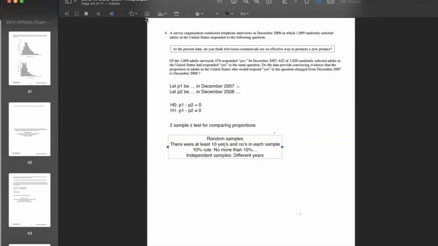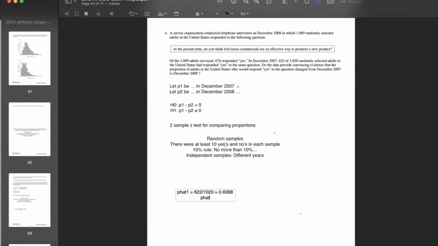Okay, so now let's obtain a test statistic. First, let's compute p hat 1. That would be the number of successes back in December 2007 divided by the sample size, and this is approximately 0.6098.